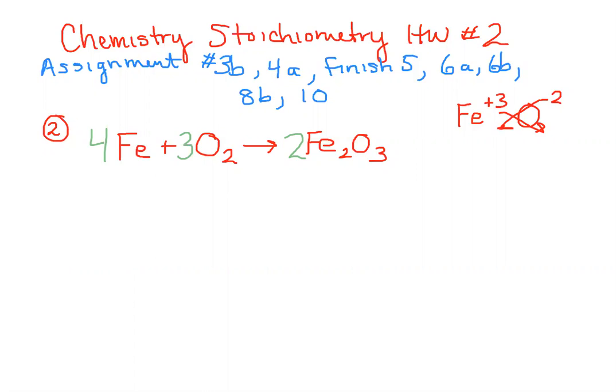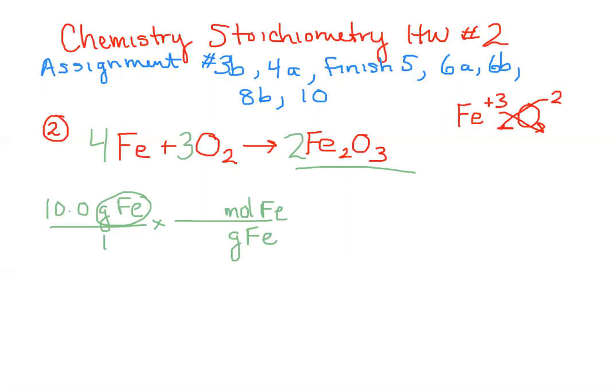Now we can go ahead and do the problem. If 10 grams of iron, so write what you're given first, okay? And we want to find out how many grams of iron oxide, which is this, is produced if 10 grams of iron is in the beginning. So we're going to take this and put it on the bottom and change it to moles. Remember that you always change it to moles first.